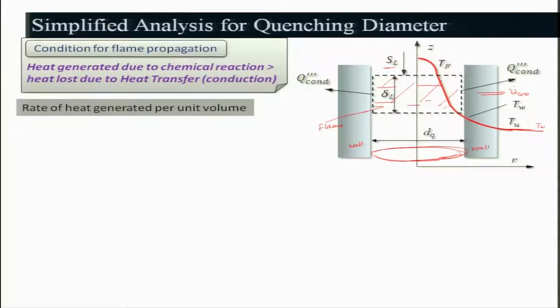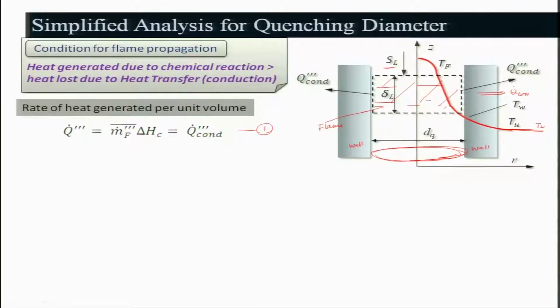In principle the critical condition is when they are equal, but if it is less, definitely the flame will quench. So, the rate of heat generated per unit volume, Q dot triple dash, is m dot F into delta Hc, equal to Q dot conduction. This is my equation 1.